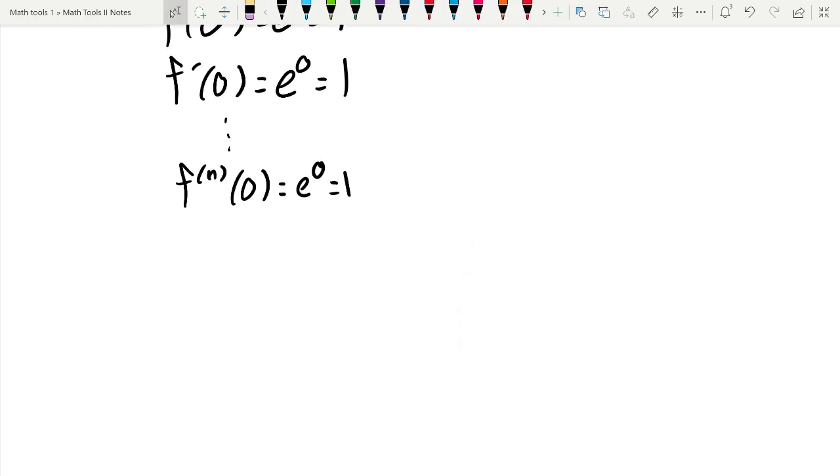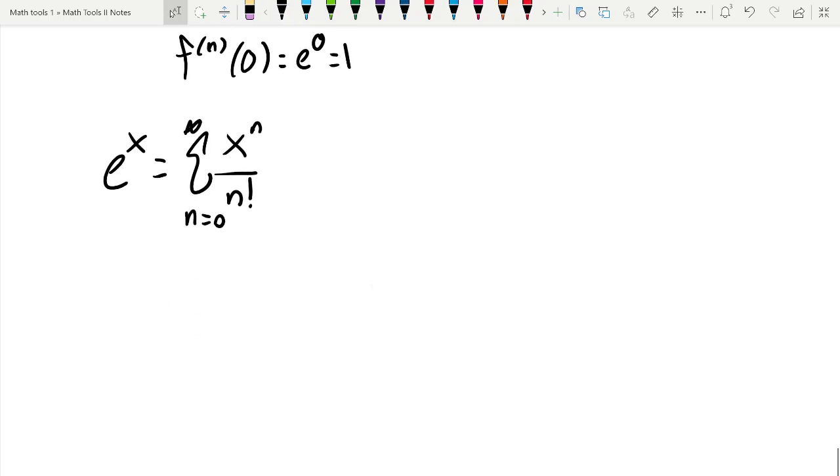That means that e to the x is equal to the sum from n equals 0 to infinity of x to the n over n factorial. Probably the easiest one that we have.